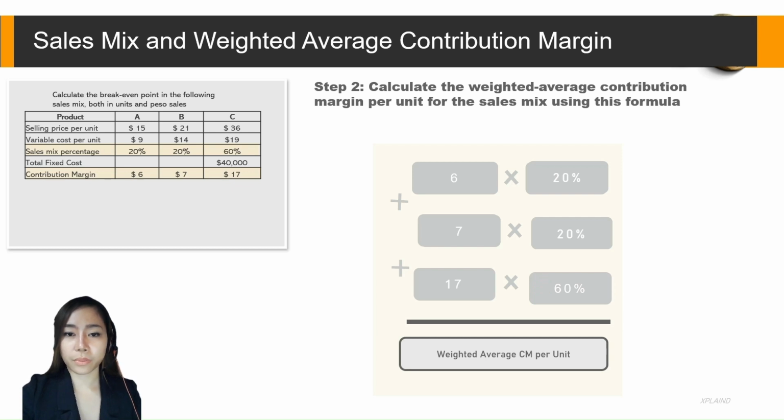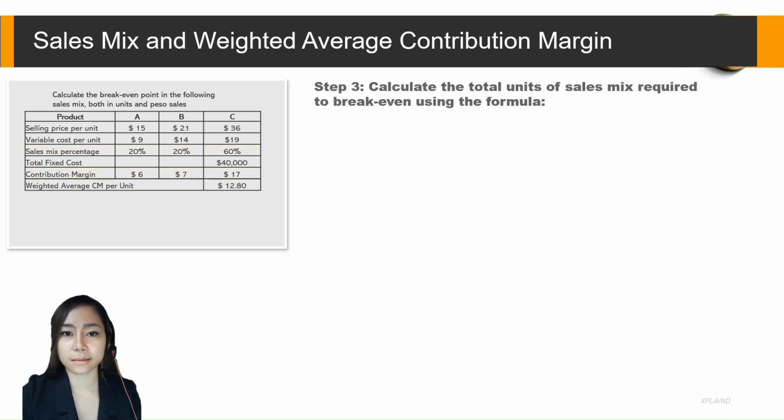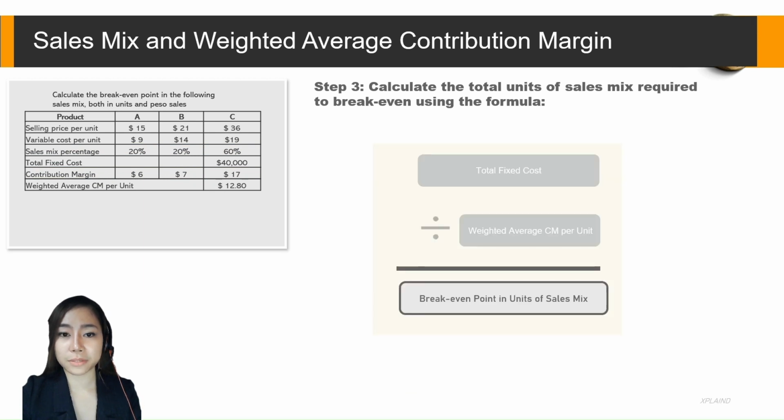So that equals a weighted average contribution margin per unit of $12.80.